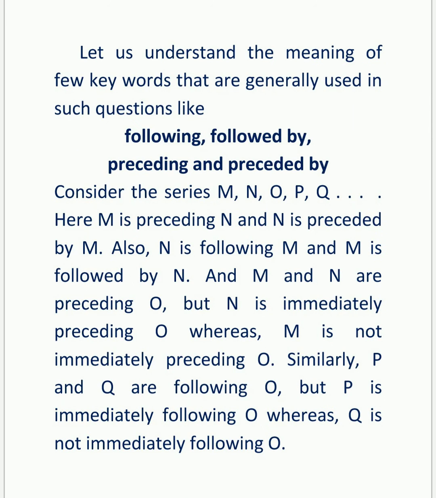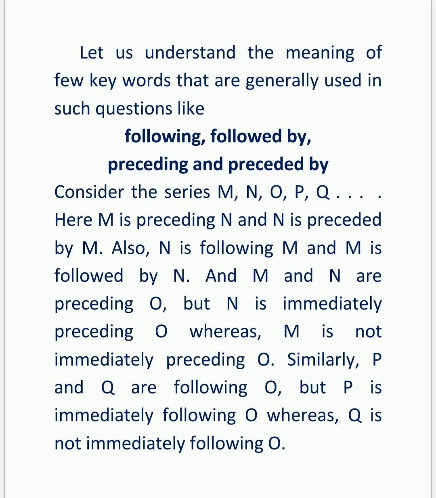Before jumping to the problem, let us understand the meaning of a few keywords that are generally used in such questions, like following, followed by, preceding, and preceded by. To understand these keywords, let us consider the series MNOPQ.